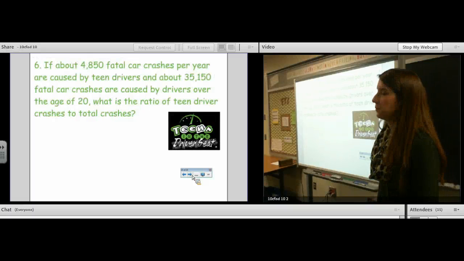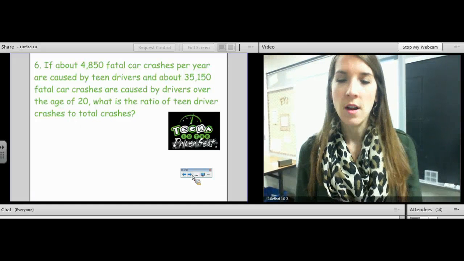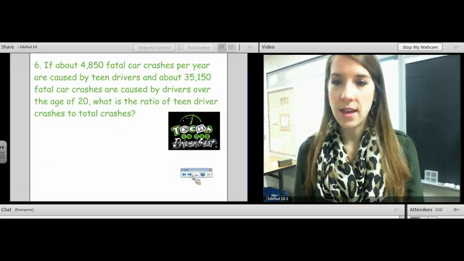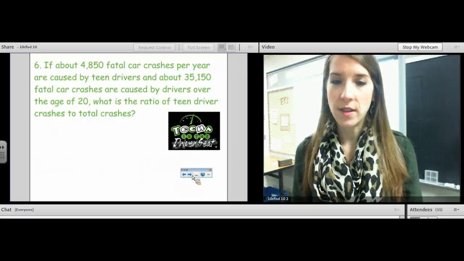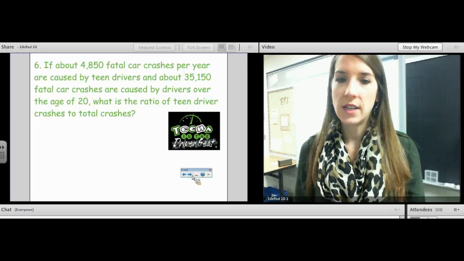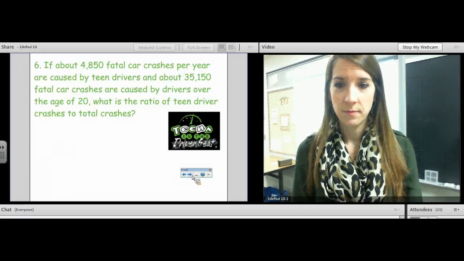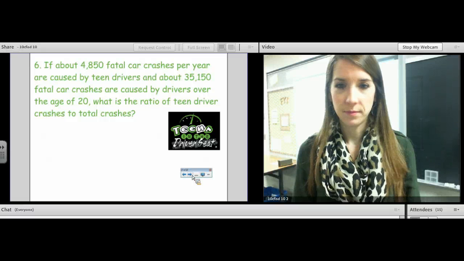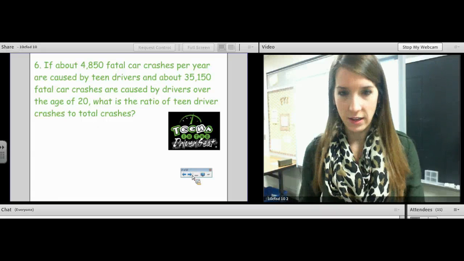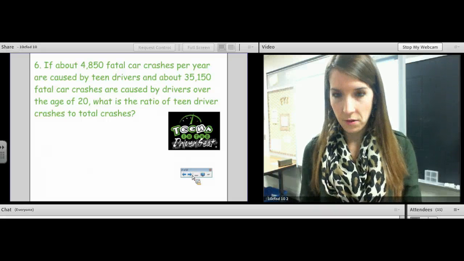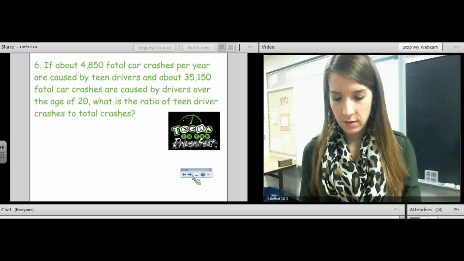All right, last one. If about 4,850 fatal car crashes per year are caused by teen drivers and about 35,150 fatal car crashes are caused by drivers over the age of 20, what is the ratio of teen driver crashes to total crashes? So really, it's just an exercise of putting this in our calculator. 4850 divided by 35150.